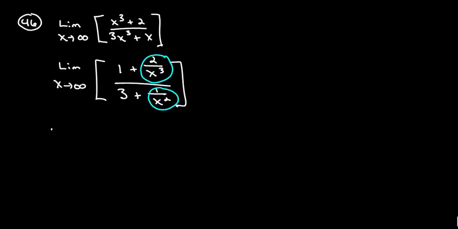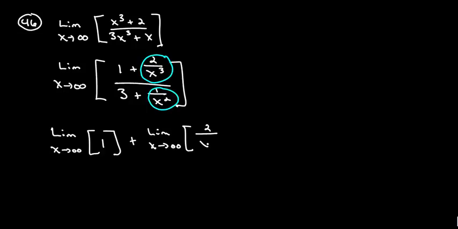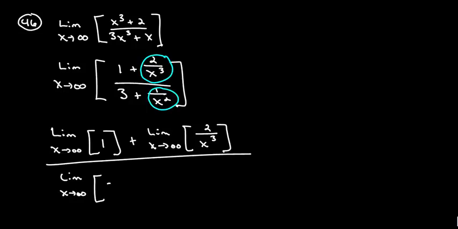So we would write it like this: the limit as x approaches infinity of 1 plus the limit as x approaches infinity of 2 over x to the third, over the limit as x approaches infinity of 3 plus the limit as x approaches infinity of 1 over x squared.